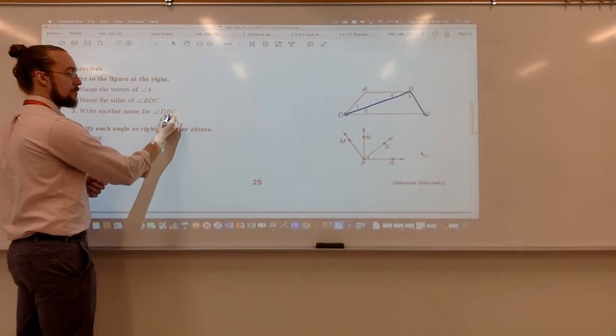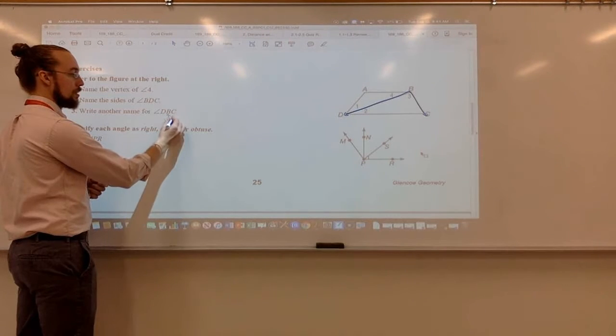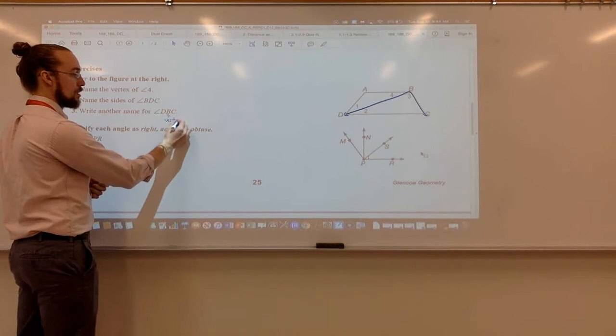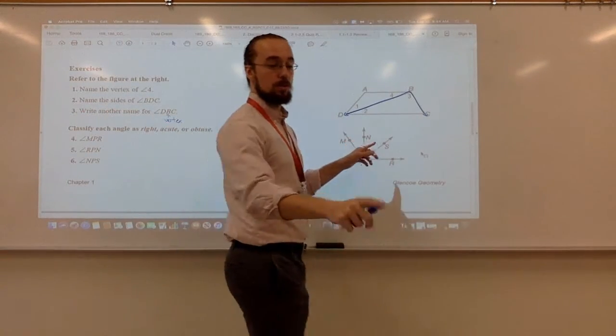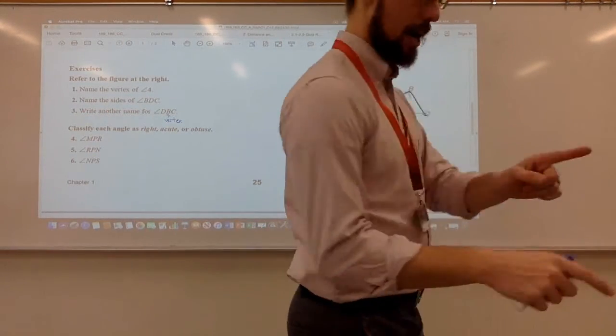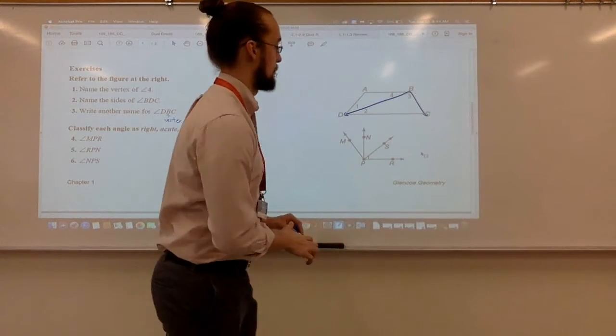The key is that this is the vertex, right? That has to be the point. So it'd be CBD. Exactly.